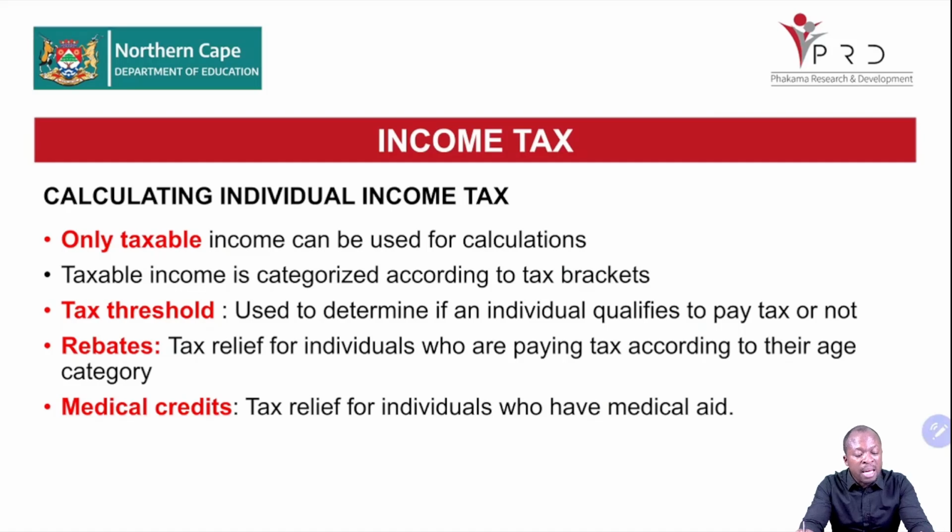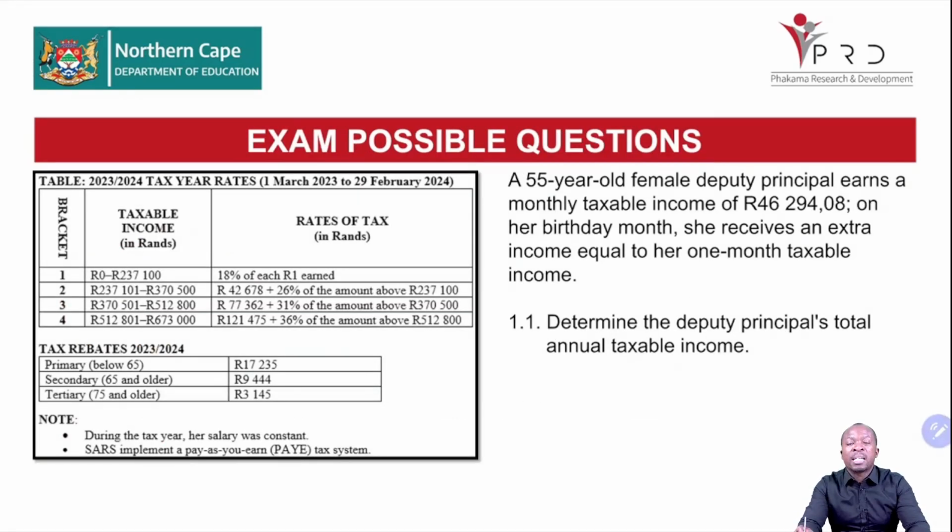If the taxable income you earn is less than your threshold, then you don't pay tax. Rebates are refunds that are according to the age of the taxpayer. MTC or medical credits are those that we get for people who have been paying for medical aid. So let us then look at the questions that we have here.